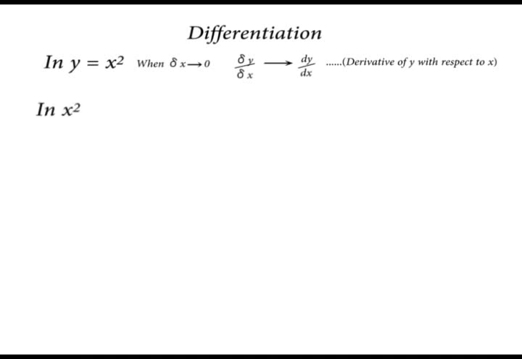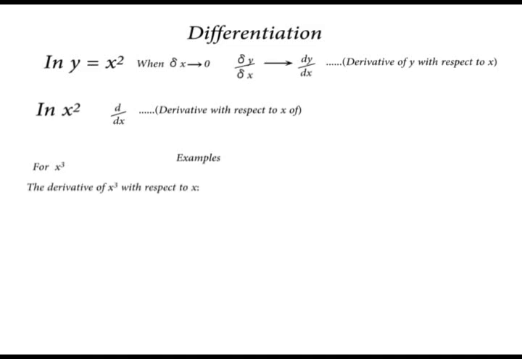If you remove y, the symbol d over dx denotes derivative with respect to x of. And so if you have x cubed, then we say the derivative of x cubed with respect to x. That is written as d over dx of x cubed, and then we differentiate x cubed. So we shall have d over dx of x cubed is 3x squared.